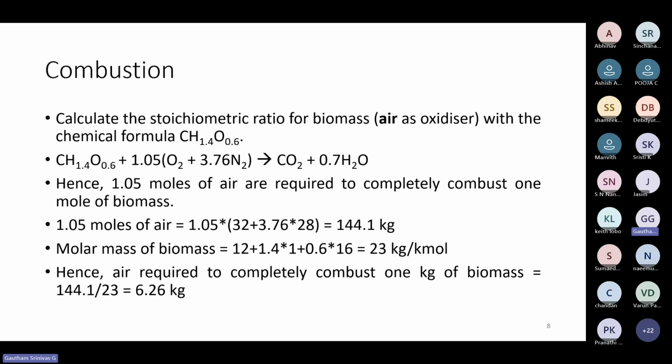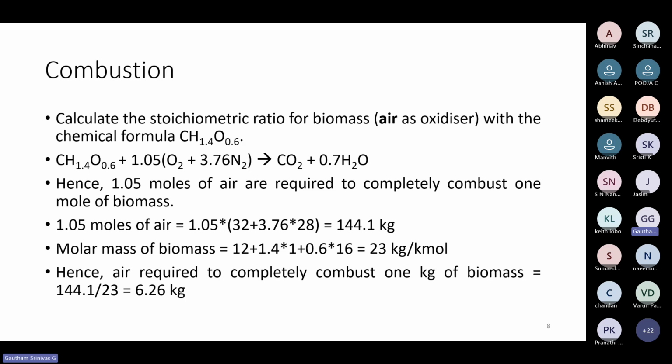In this case, 1.05 moles of air is 1.05 times oxygen 32 plus 3.76 times 28, which is the molar mass of nitrogen. So the total comes out to be 144.1 kg. Now the molar mass of biomass, can you calculate from this?